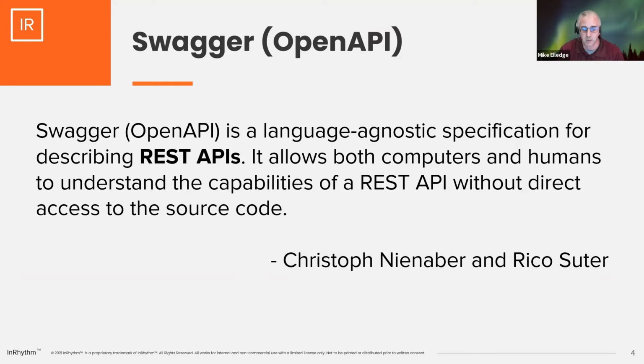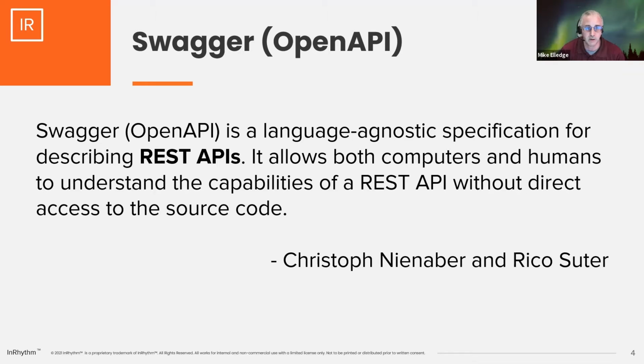So the Swagger project is being supported on Swagger.io, and it's also really well documented on Microsoft's Docs website. Christoph Nienaber and Rico Suter have written this wonderful little paragraph about describing Swagger.